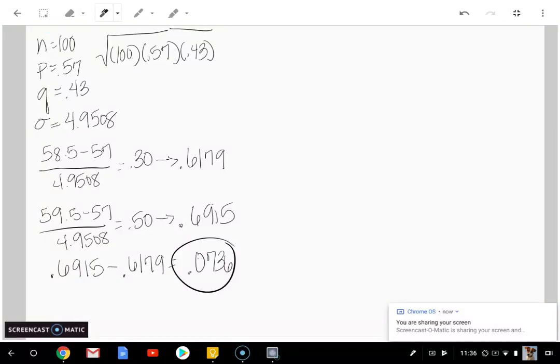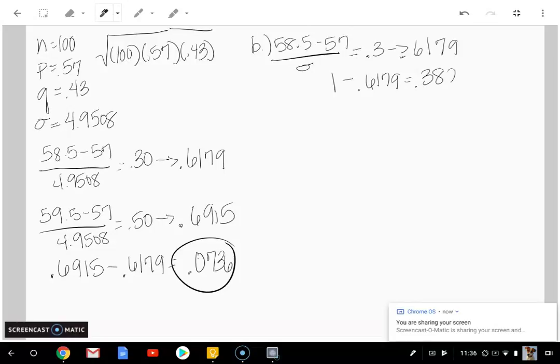So for B, we're going to do 58.5 minus 57 divided by the standard deviation. This is 0.3, we got this earlier, and this is 0.6179. So 1 minus 0.6179 equals 0.3821. This is your answer.